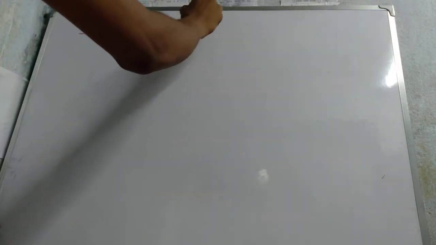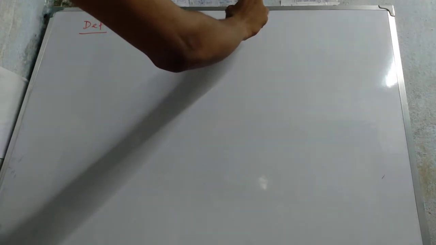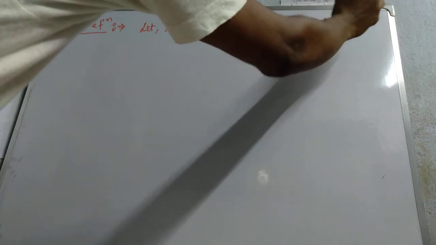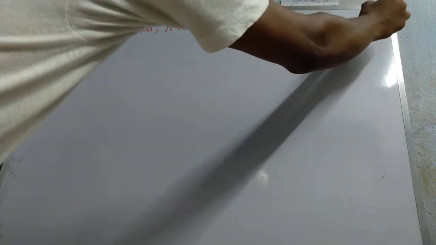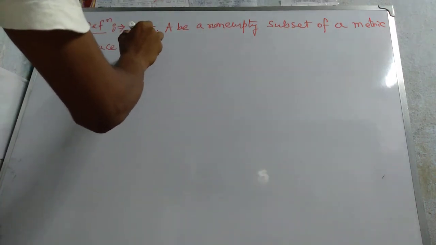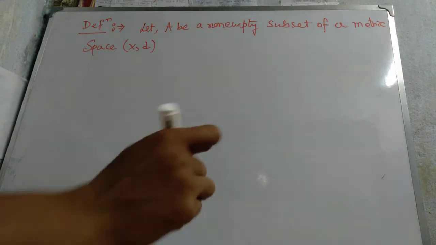Now we're going to further discuss this definition. Now let A be a non-empty subset of a metric space (X, d).